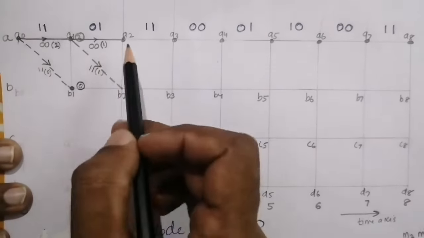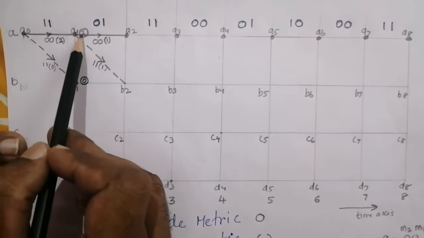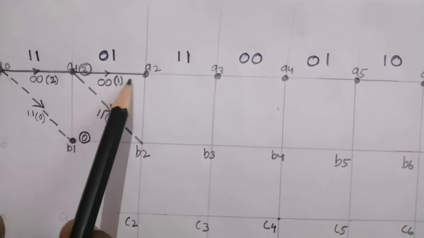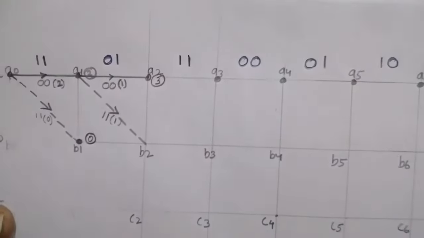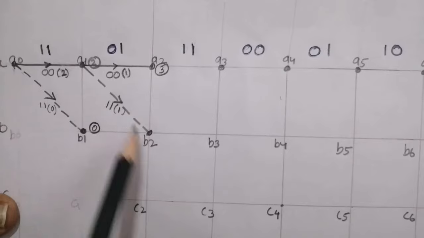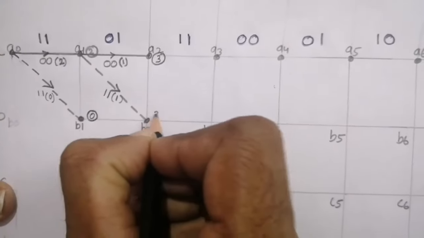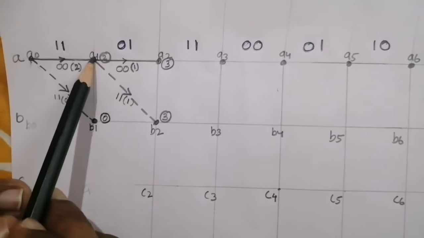Now what will be the node metric at A2? Till A1 the node metric is 2. 2 plus path metric 1. So 2 plus 1, 3. So I will write like this, 3. Now what about the node metric at B2? It will be 2 plus 1, again 3. So we completed from A1.